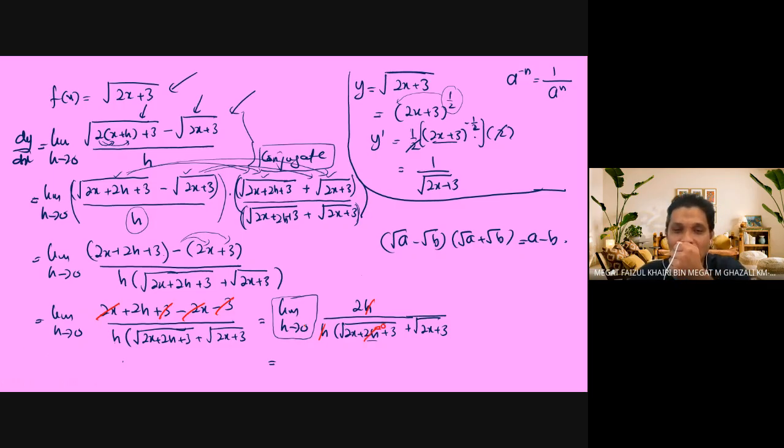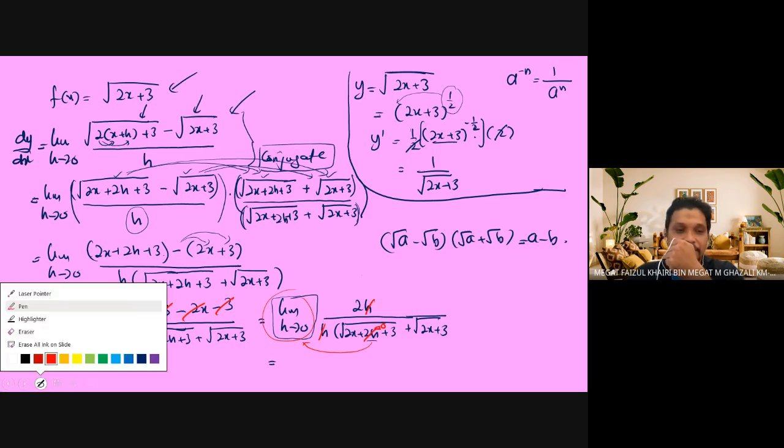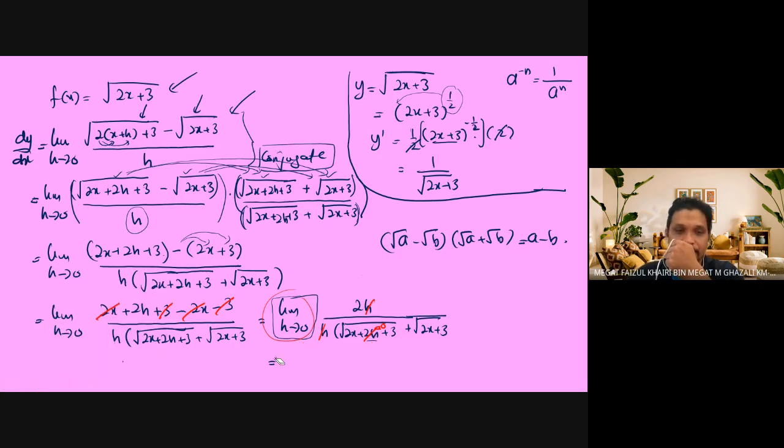Now, Kiki, this h and this h are not referring to this instruction yet. This h divided by itself equals 1. But this 2h is referring to this instruction. Once we use the instruction of limit h approaching 0, we don't need to rewrite this again.